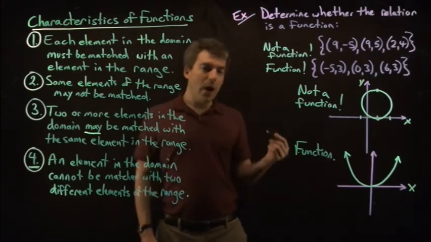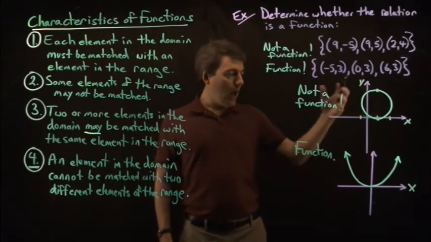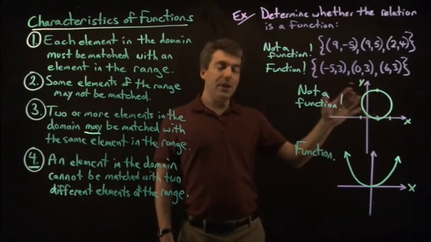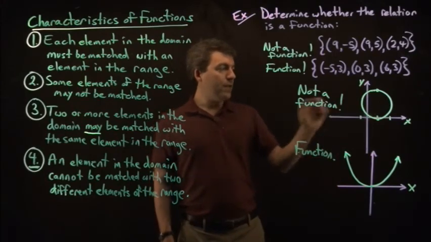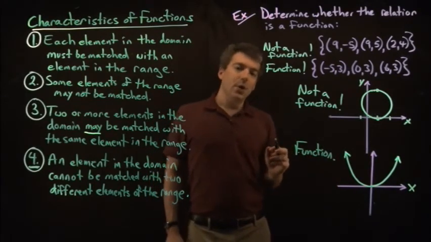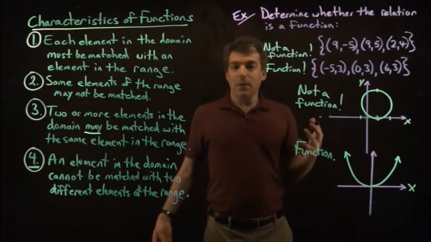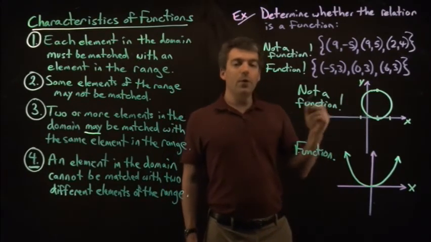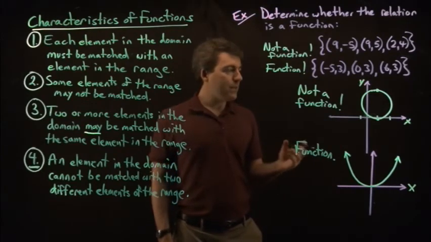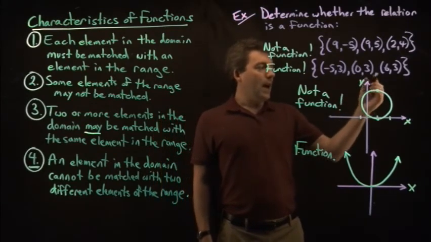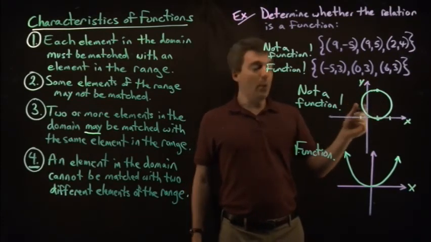Right, we can sum up a graphical test for a relation that we see on a coordinate plane, and that's called the vertical line test. A relation that you see on a graph is a function if and only if it passes the vertical line test. No vertical line intersects the graph more than once. We can see with this circle that there are many ways you can draw vertical lines that intersect the curve more than once.